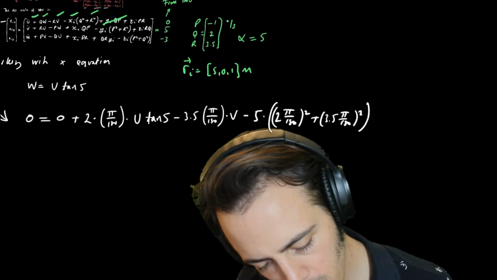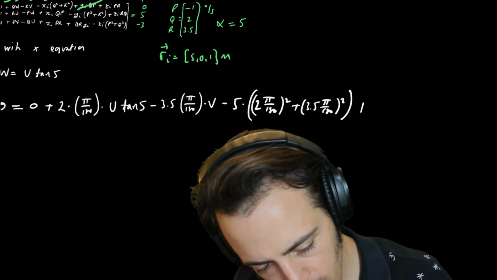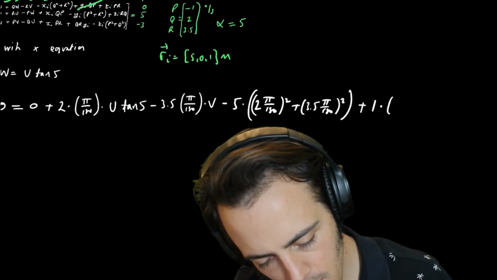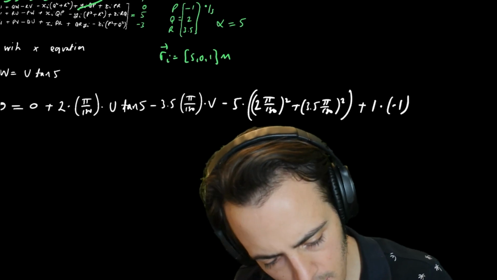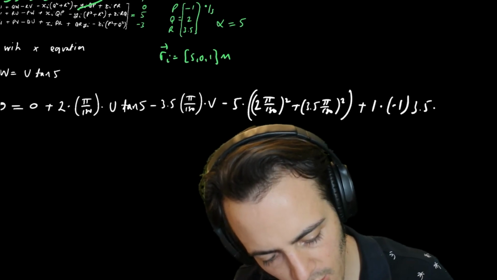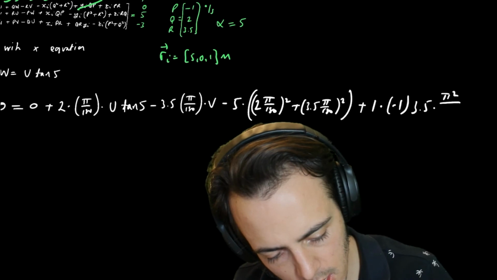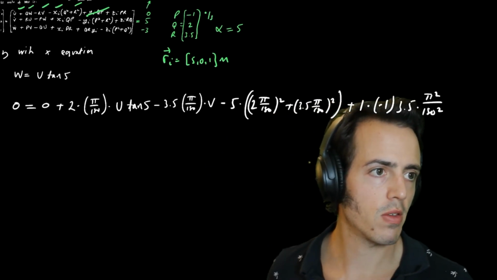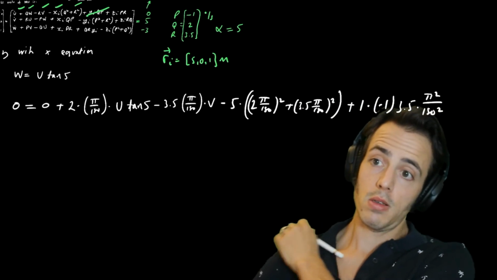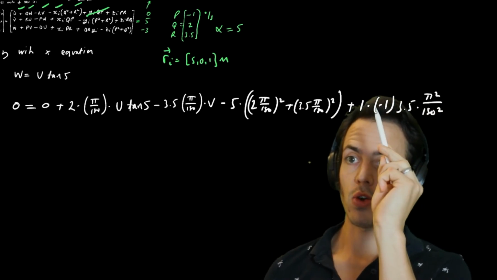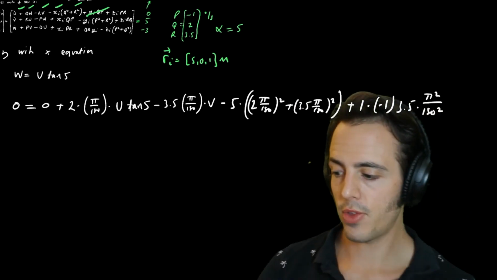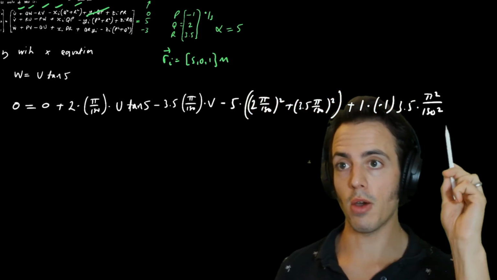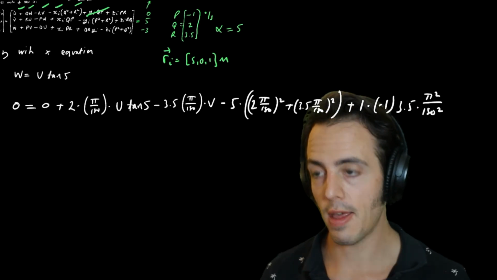So plus 1 multiplied by minus 1 multiplied by 3.5 multiplied by pi squared on 180 squared, because that gets rid of all those other terms in the expression for us. Sorry, it will deal with the fact that we've got two rotation rates in degrees per second. We're converting them both to radians per second using the square there.